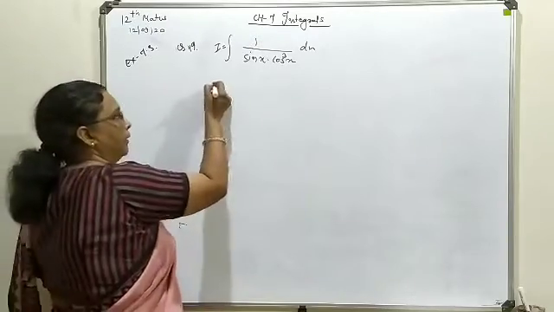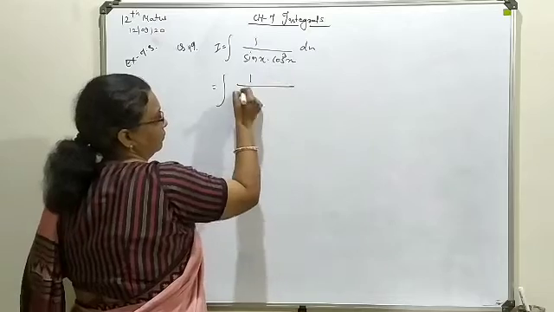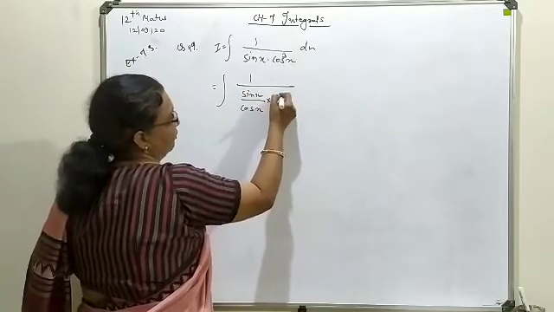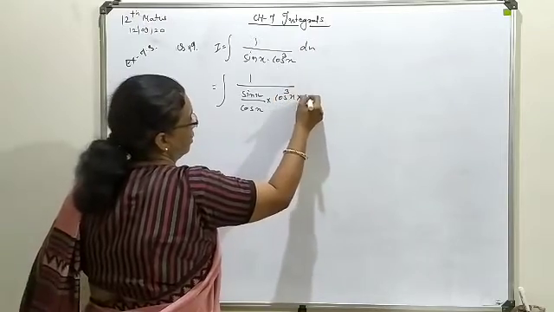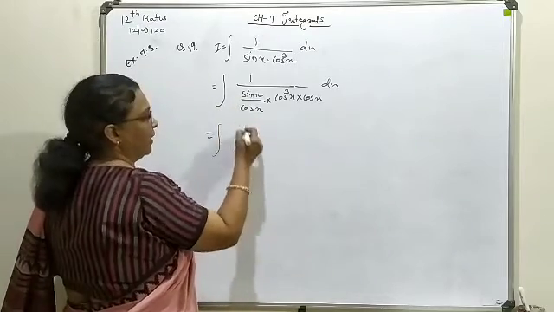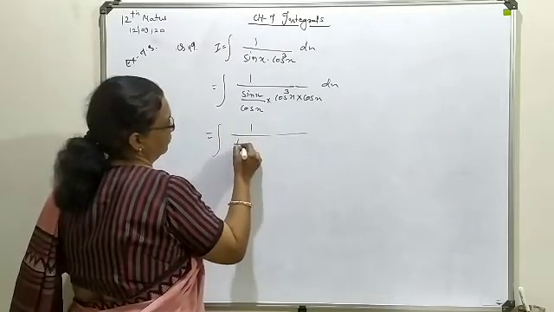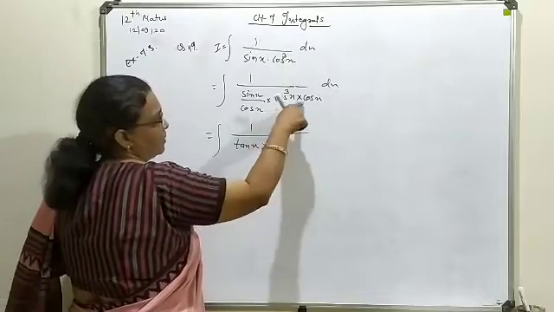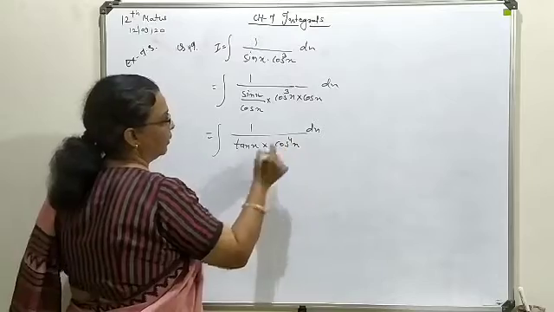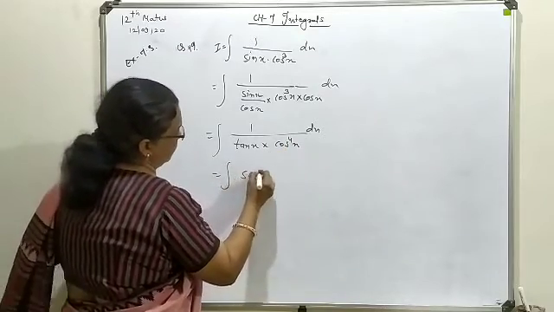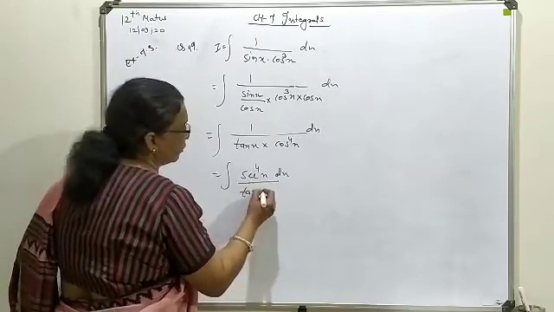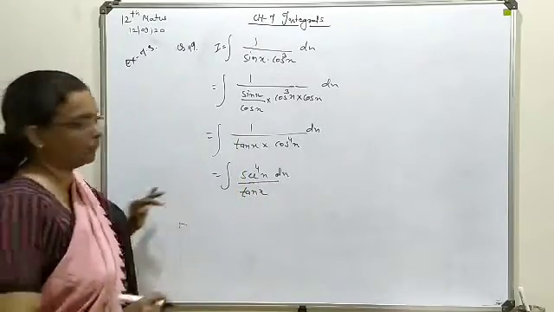So here, multiply and divide this denominator by cos of x. This sin by cos will give you tan x, whereas this will give you cos 4x. 1 upon cos 4 can be written as sec 4x. Now it will be clear to you why I did so.